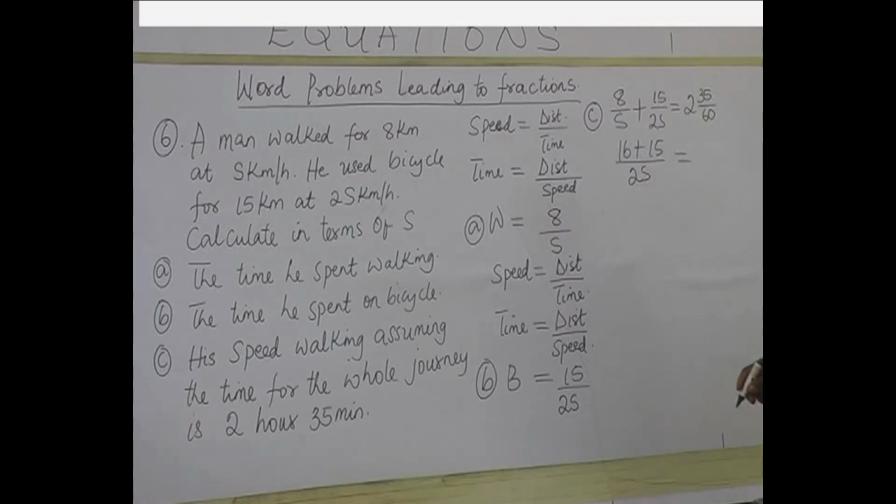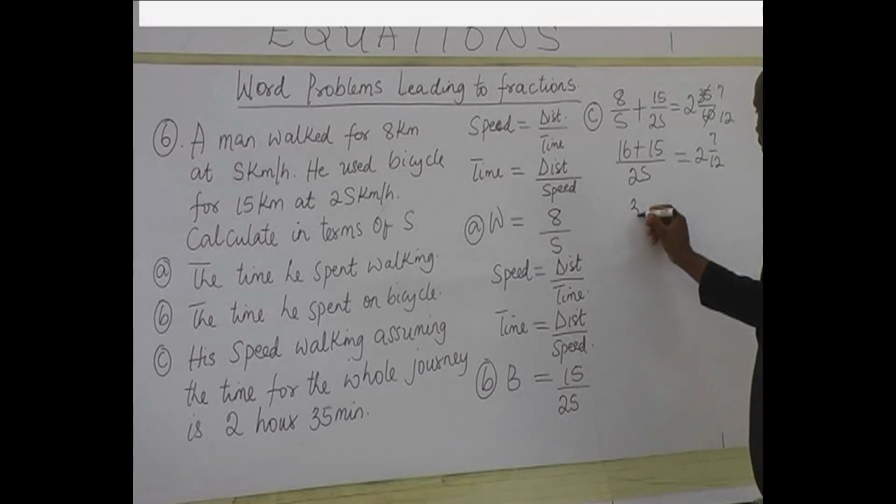It's equal to, let's simplify this fraction. 5 divides 35 seven times. 5 divides 60 twelve times. So we have 2 whole number 7 all over 12. Add 16 and 15, you are going to have 31.